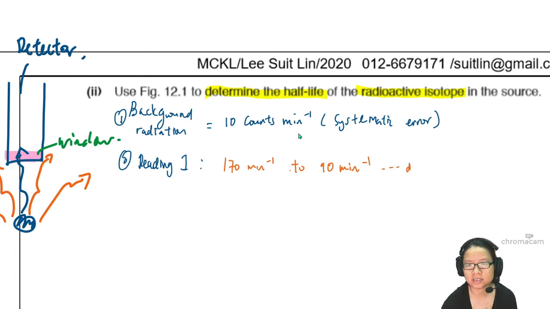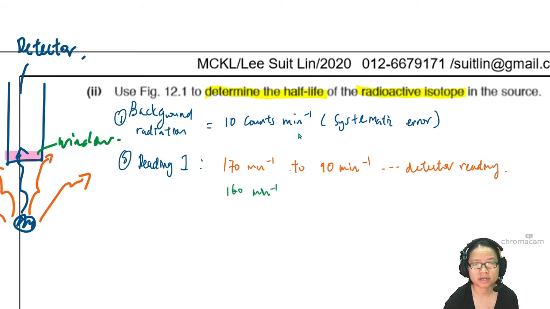This is the detector reading. But actually, the real reading is 160 minute -1 to 80 minute -1. This is real reading.